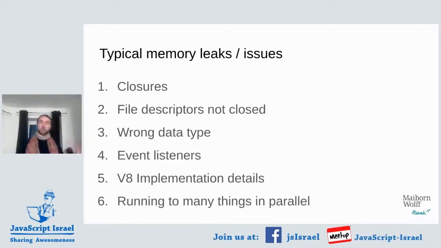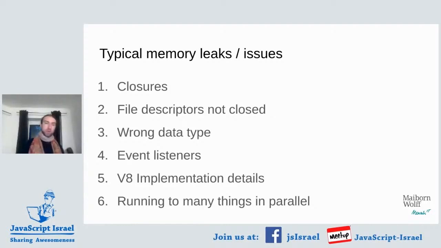So the fourth one is event listeners. We have them both in the browser and on the Node.js side. In the browser, you have something like document add event listener. I forgot the exact command. And in Node, normally you have the events, and you say .on with some name, and you have a new event listener. There are also some very tricky parts where you have to know the concrete V8 implementation details.